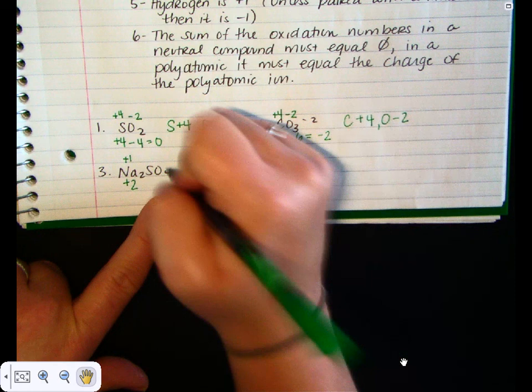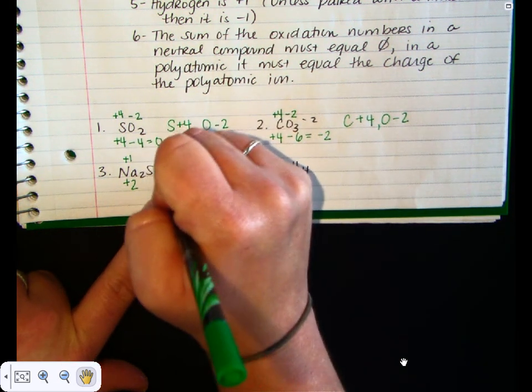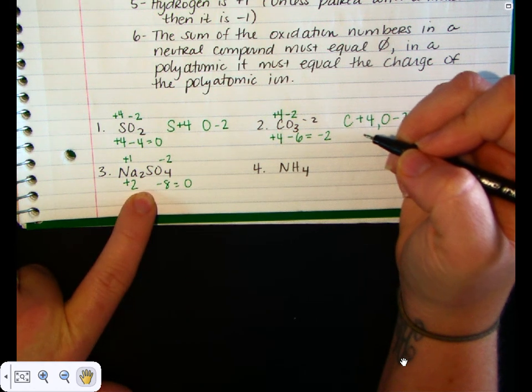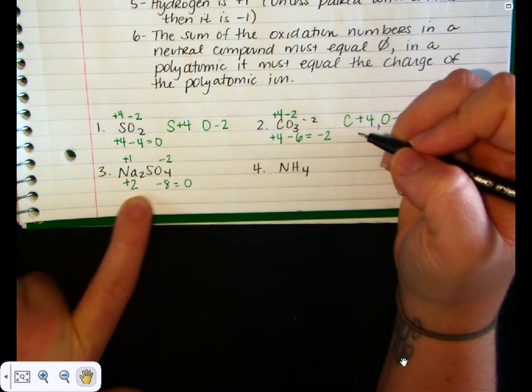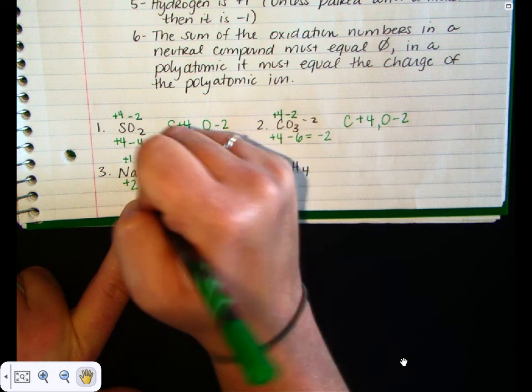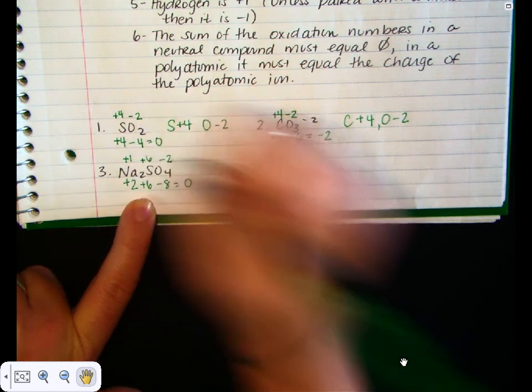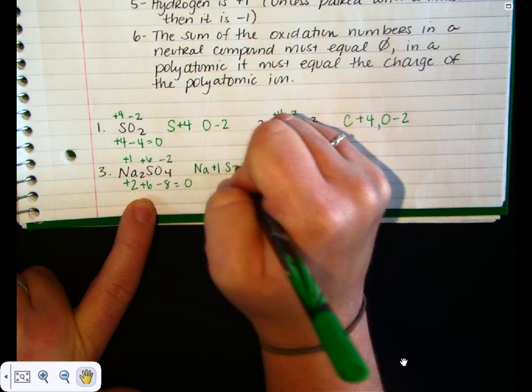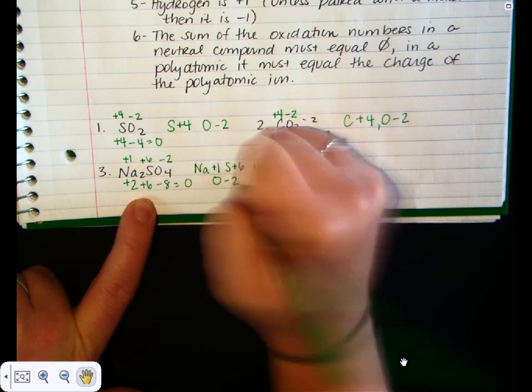The oxygen is -2, there's 4 of them, -8. In order for this to equal 0, what does the sulfur have to be? So right now with just these 2, we're sitting at -6, so this is going to have to be +6. So my answer is going to be Na +1, S +6, O -2.